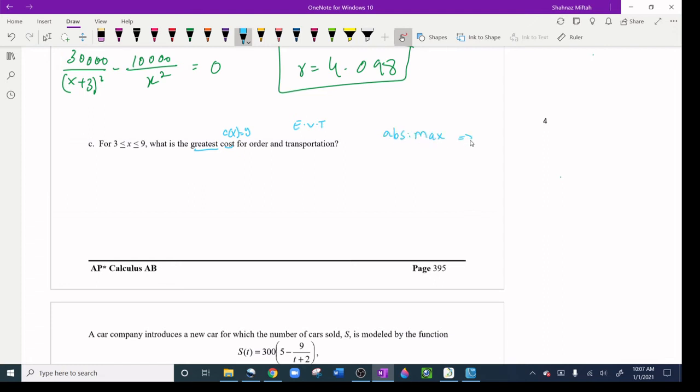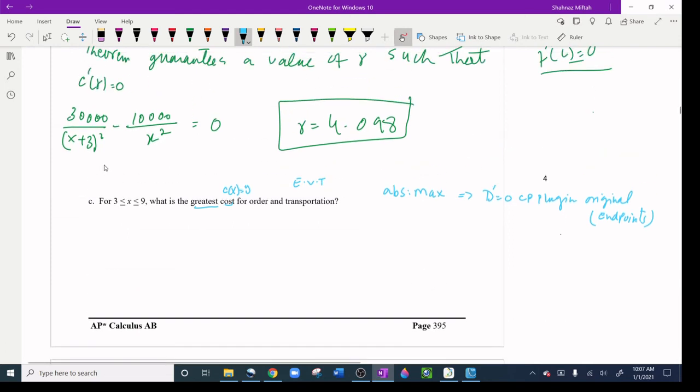which means I'm looking for the absolute maximum. How do we find the absolute maximum? I already told you that before too. Take a derivative, make it equal 0, get the critical points, and plug them into the original function, including the endpoints. So for C(x), I have to get the derivative of C(x), and if you pay attention in part B, I already got the derivative of the C function.